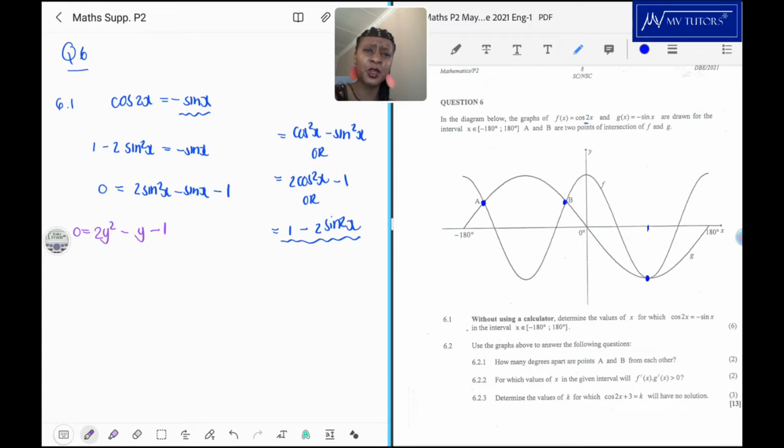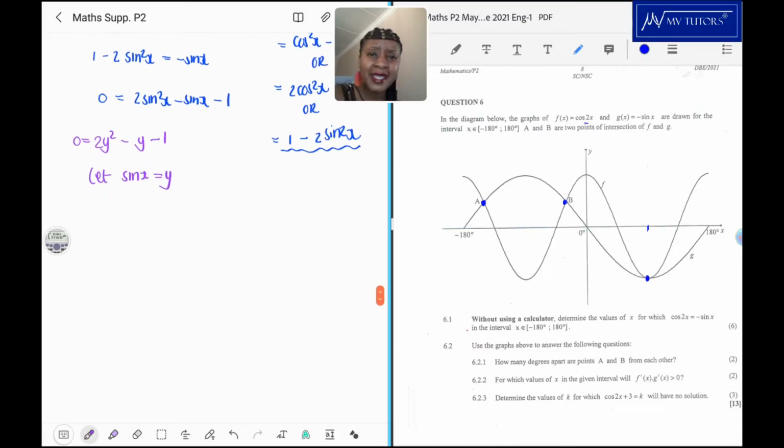Okay, so this is something you are doing on the side. If you want to formalize it, you could then say let sine x equal y, so that you guide your marker and they're not confused: we had sine x, all of a sudden it's y, what's happening?